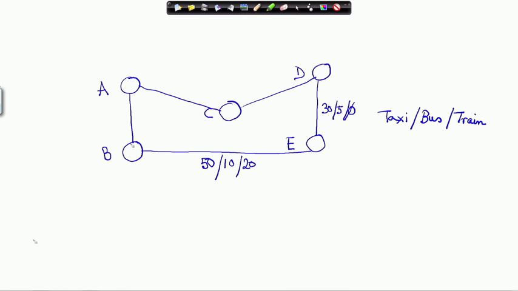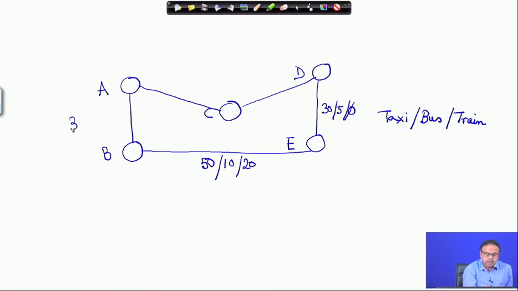So, A to B, suppose I have got a taxi of course 30 rupees, bus maybe here in this route it is a little expensive, 7, and there is no train here.